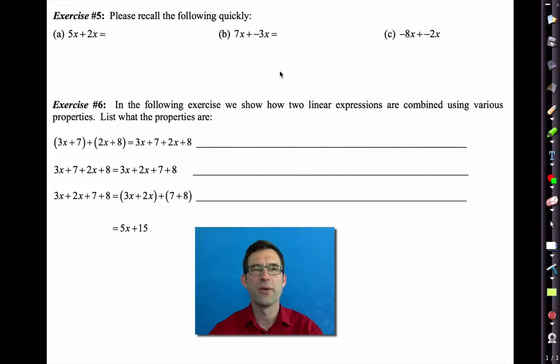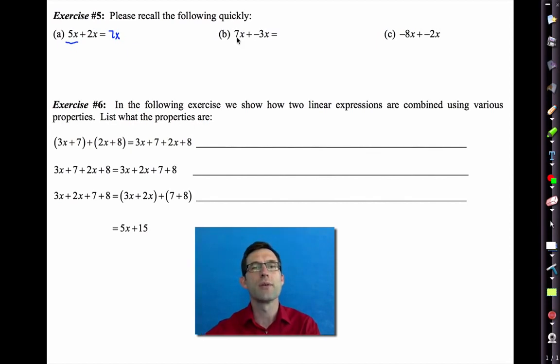All right, let's go through it. Again, we're going to be looking at a more formal basis for how to do this eventually, but really it boils down to this. 5x really means that you've got x plus x plus x plus x plus x. And 2x means that you've got 2 x's. So obviously if I've got 5 x's and I add 2 x's, I end up having 7 x's, right?